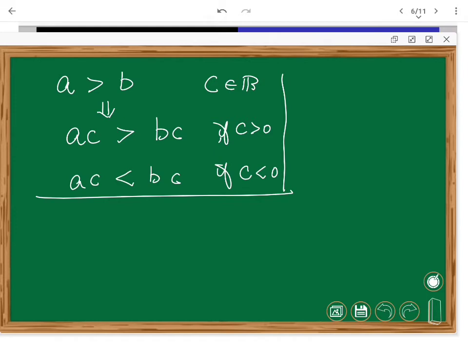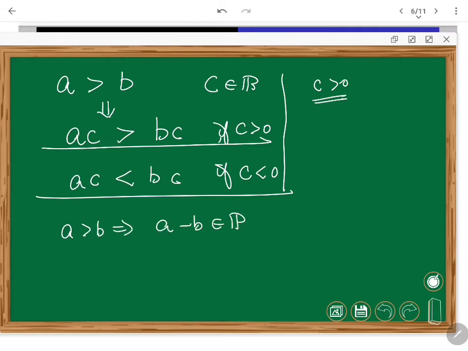So the first part we will look at. If C is greater than 0, you are supplied with A greater than B. So A greater than B implies A minus B is a positive element. It is in P. C is greater than 0, which means that C is also a positive element.